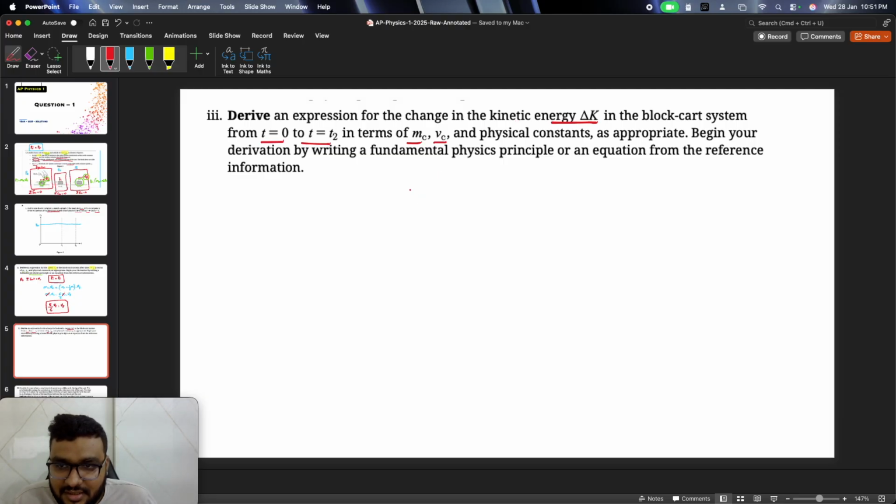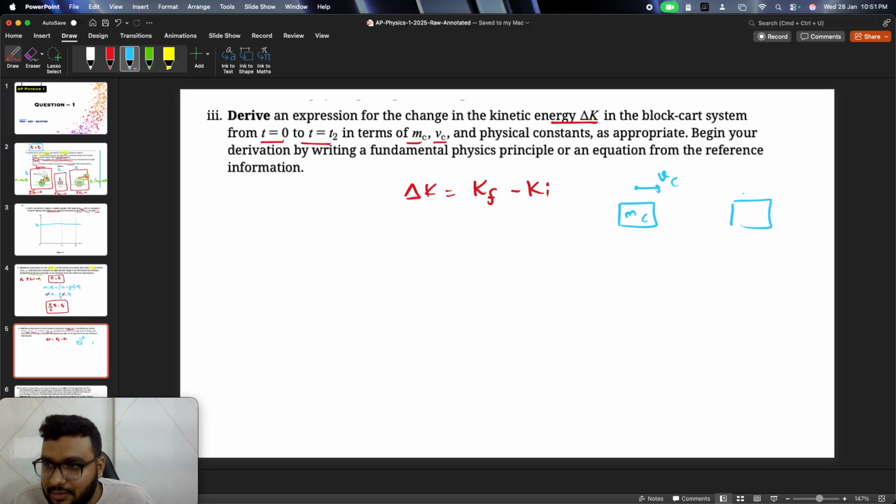It is the final kinetic energy minus the initial kinetic energy. Initially I had a mass mc moving with a velocity vc, and finally the total mass I have is mc plus 1/5 mc moving with a velocity v final.